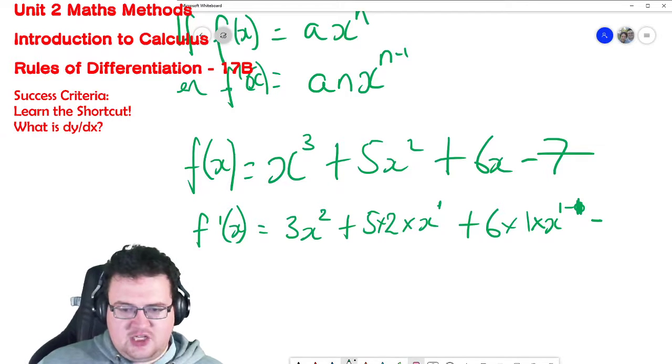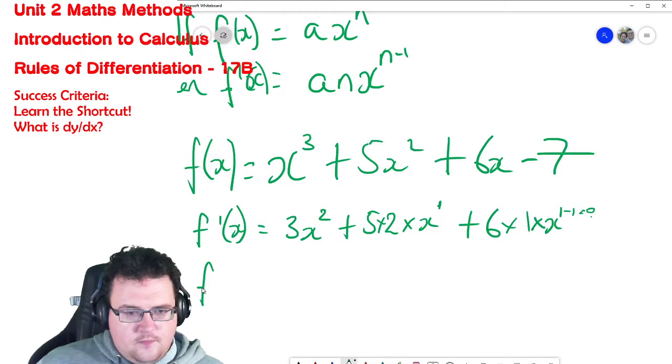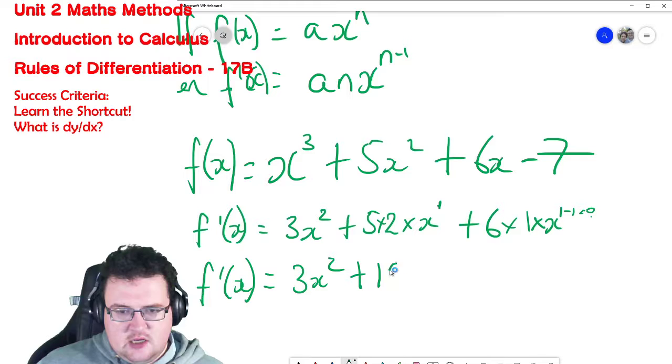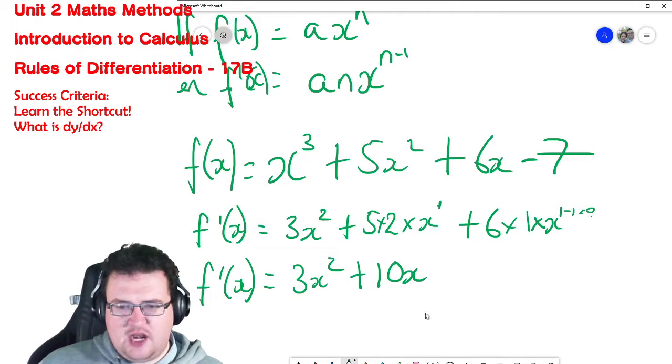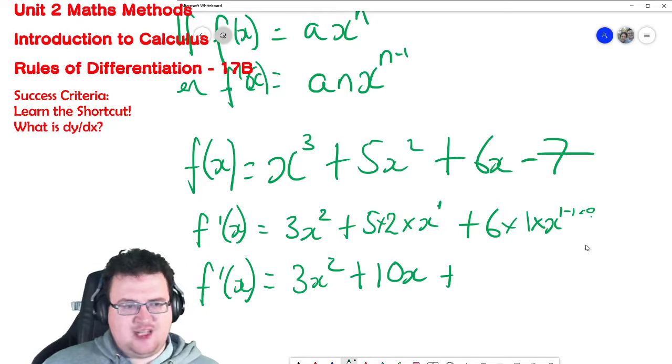No. So what actually happens is when you take the derivative of it, it just straight up disappears. So now I have 3x squared plus 10x to the 1. It's x to the 1, so do I need to write anything? Nope, so I just leave it, 10x. And then I have 6 times 1 times x to the 0. What's x to the 0?